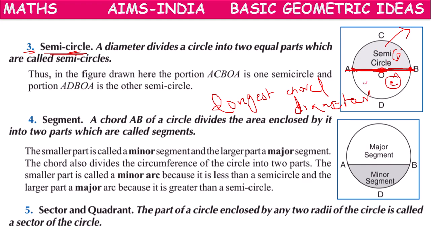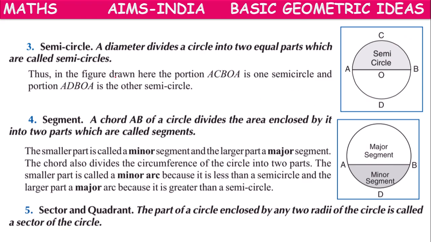Semicircle 1, semicircle 2. So a diameter divides a circle into 2 equal parts, which are called semicircles. In the diagram, starting from A, going to C, coming back to B, then coming to O, then coming to A, this A, C, B, O, A represents one complete semicircle.